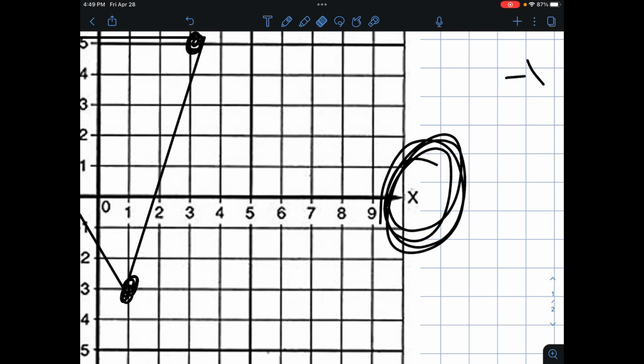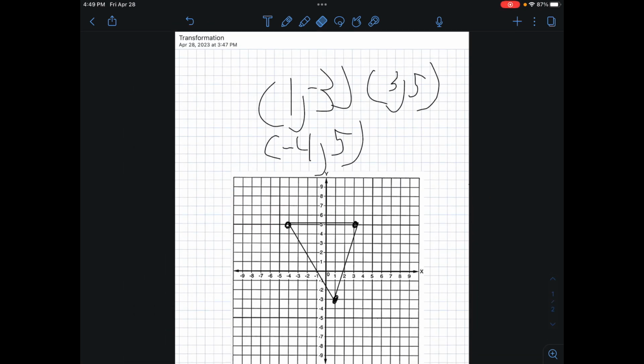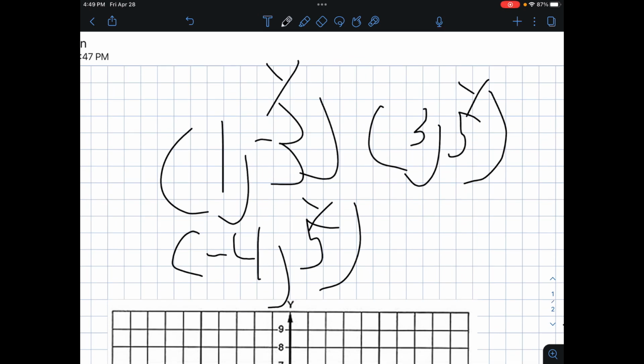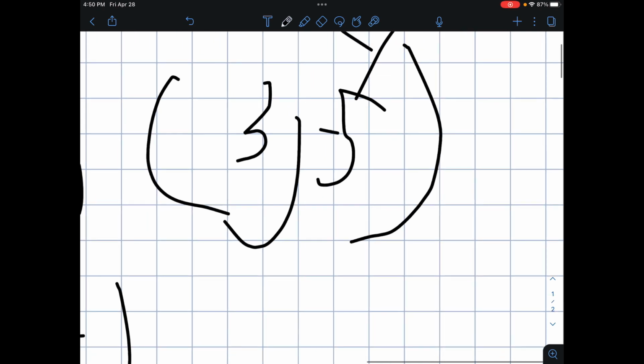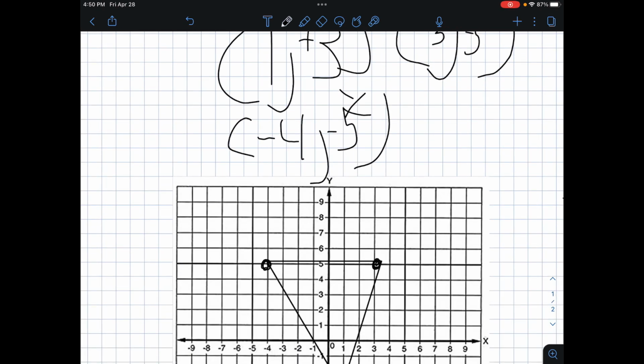Let's go ahead and make all our y's, which are -3, 5, 5, negative. Well, -3 cancels out with negative, so now it's +3. And both 5s become -5.